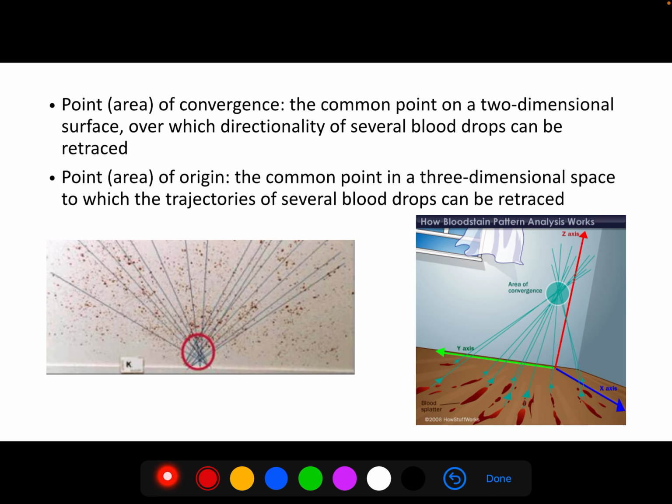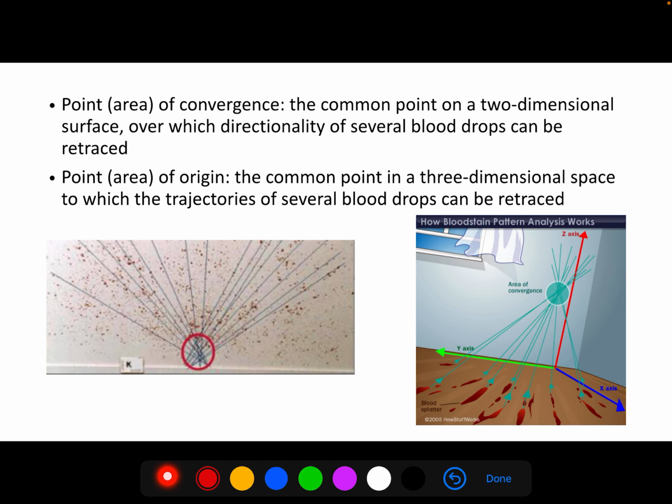Whereas whenever we're looking for the point of origin, this is looking at the point in a three-dimensional space, so taking into account the whole room to where the trajectories of several blood drops can be retraced. So this not only looks at the direction that they came from, but also the angle those blood drops came from as well.